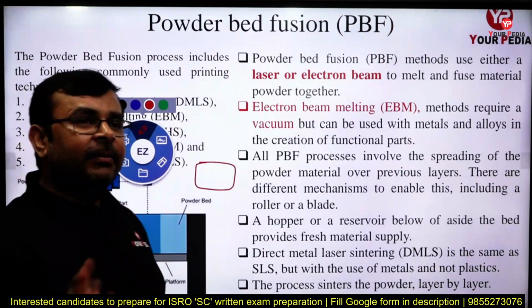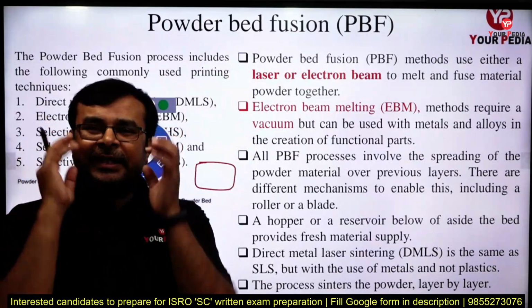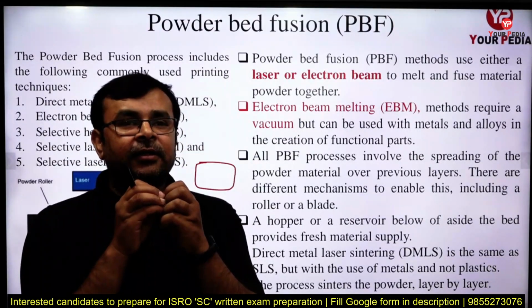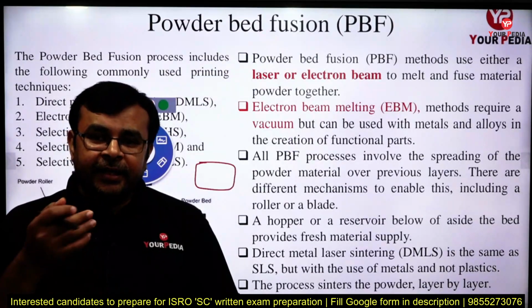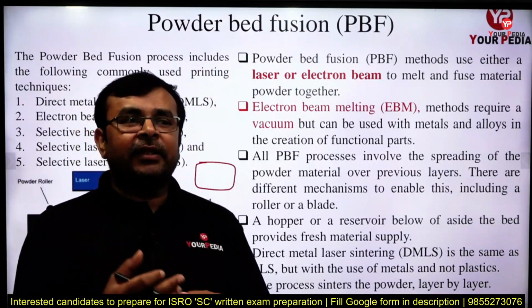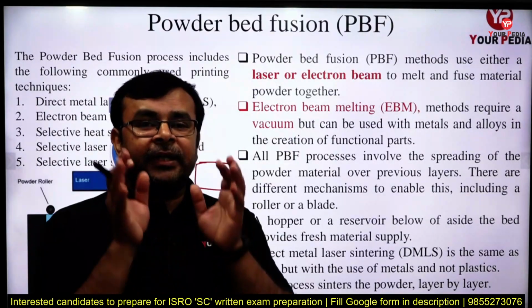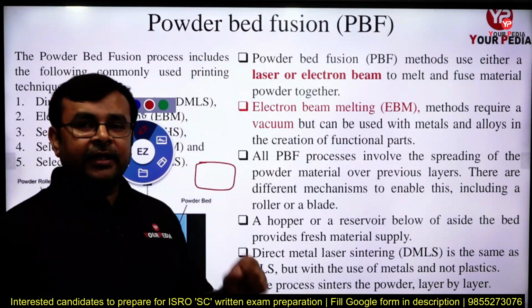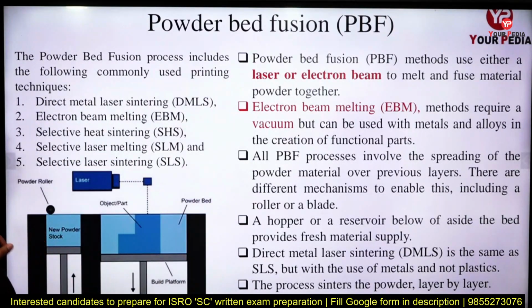So this is the basic difference between sintering and melting. In sintering we heat the material in such a way that the particles only fuse to each other and complete melting does not take place. But in the case of melting, we provide heat in such a way that the powder particles are completely melted and then solidified, and then we get the final object.